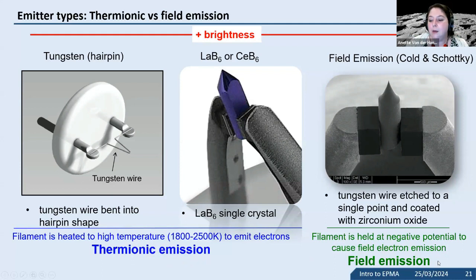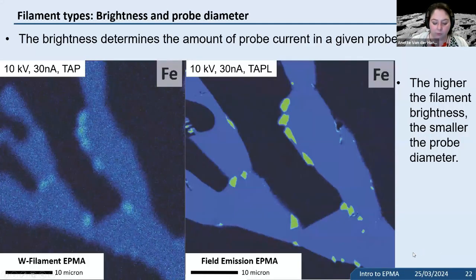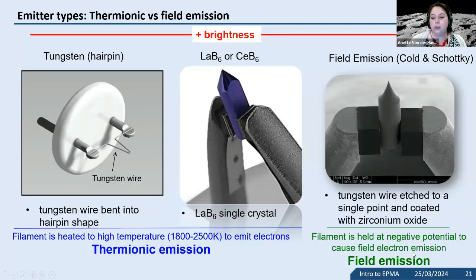But when it comes to electron microprobes, what you usually find are so-called Schottky field emitters, which are a mix between a classic cold field emission and thermally aided emission.